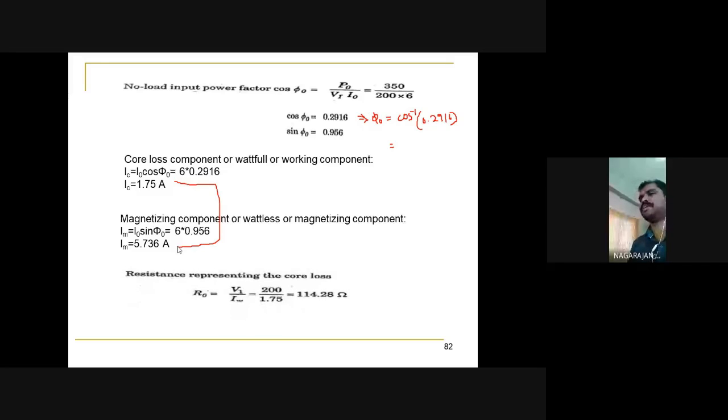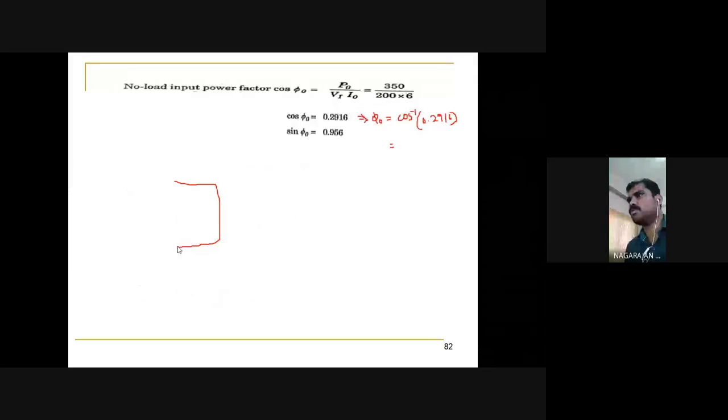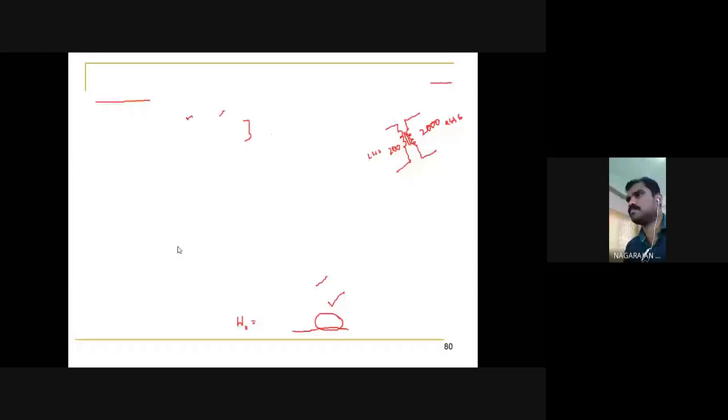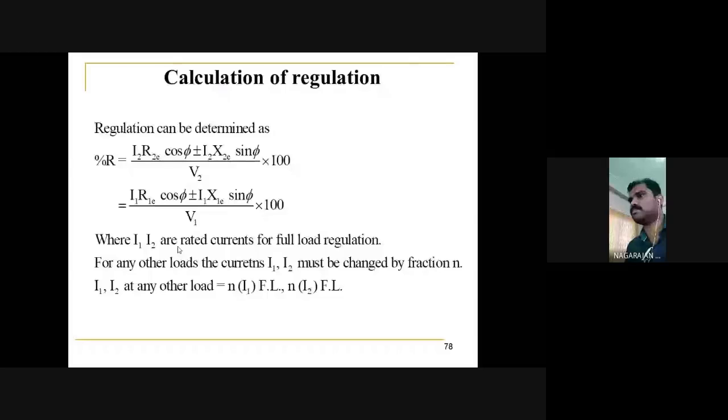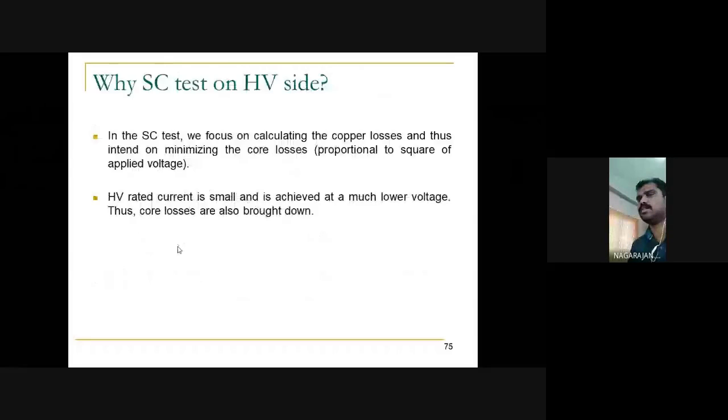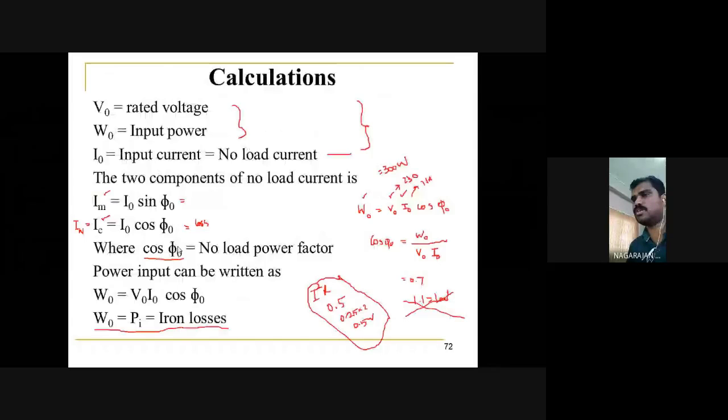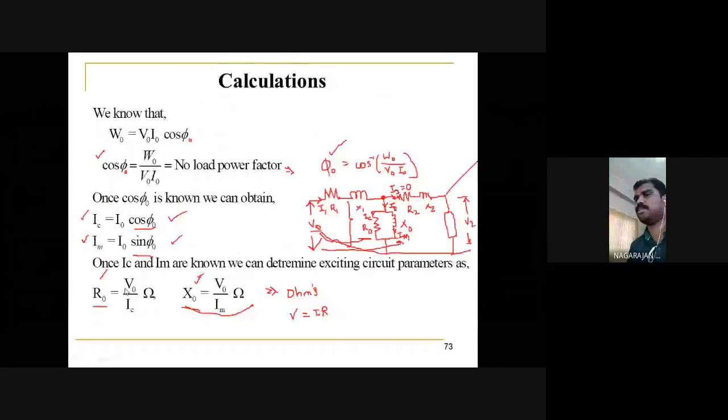Next, we have to find out the R naught value. What is the equation for R naught? Go to this equation. Look here: R naught is V naught divided by IC. We know the value of V naught and the value of IC, so from these we can find out the R naught value.